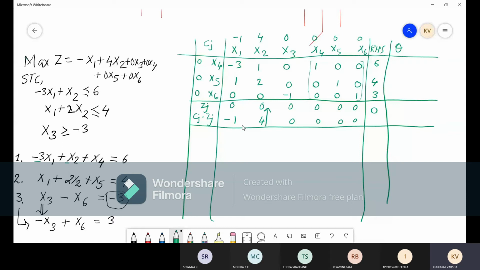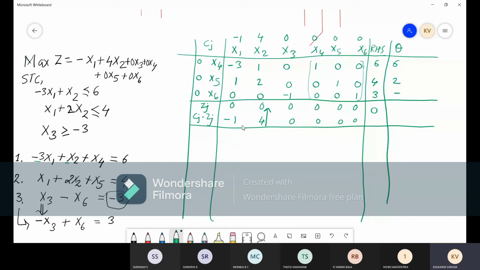Now we have to find out theta, so RHS divided by this column, right? 6 divided by 1, 4 divided by 2, 3 divided by 0. 3 divided by 0 is what? Infinity, right? But we'll not write the infinity, we'll just put it as a dash.